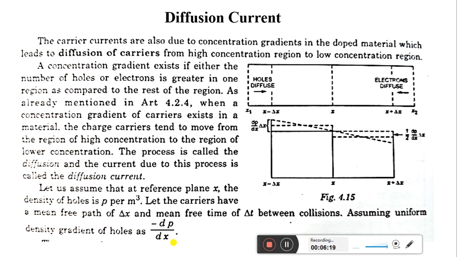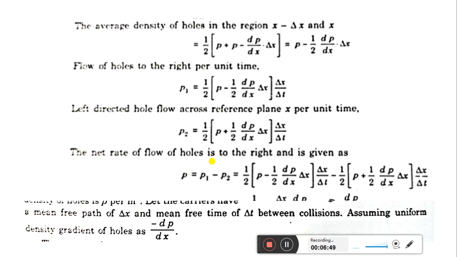Why have we written minus here? Because the flow will be opposite to the density gradient, that is from higher density to lower density. That's why we have used a minus sign. This is the density gradient of holes. Now let us go to the next slide.